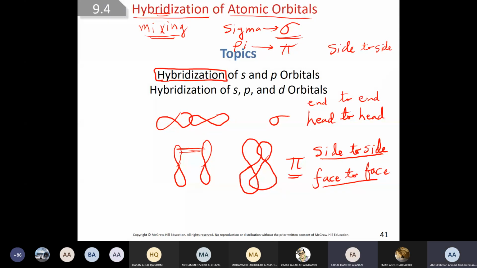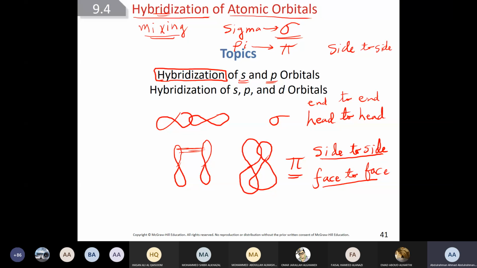Hybridization. Of what? Of S and P orbitals. What's this theory?